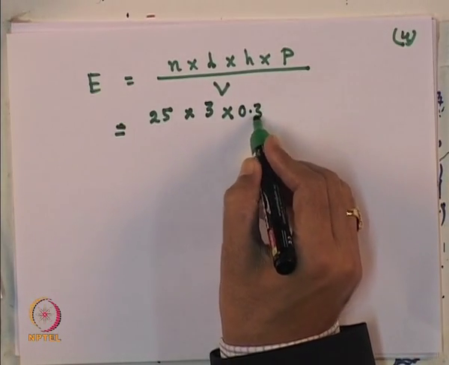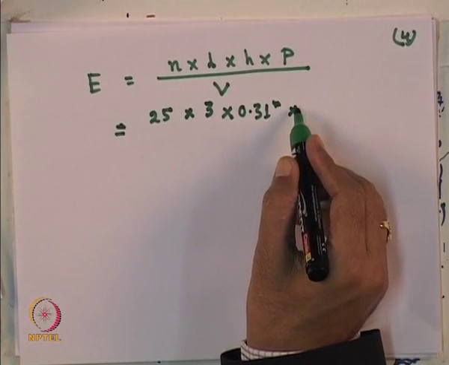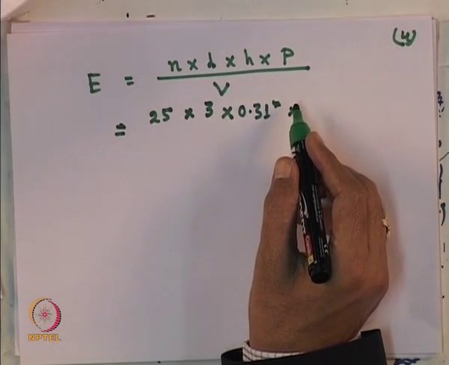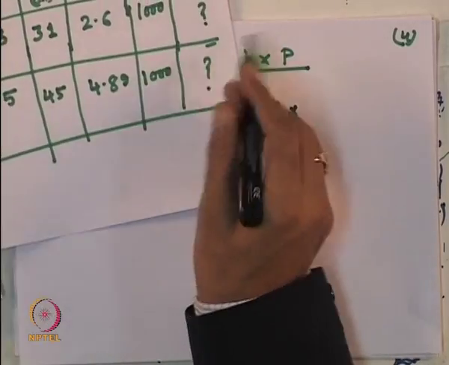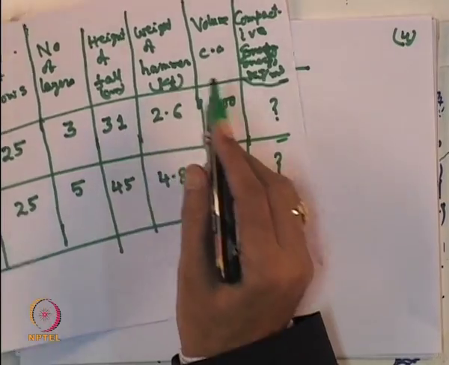So, this is 0.31 meter, this into P, which is 2.6 kg.